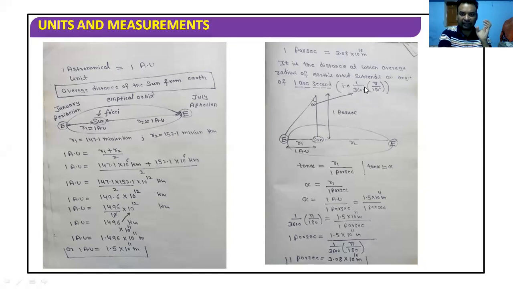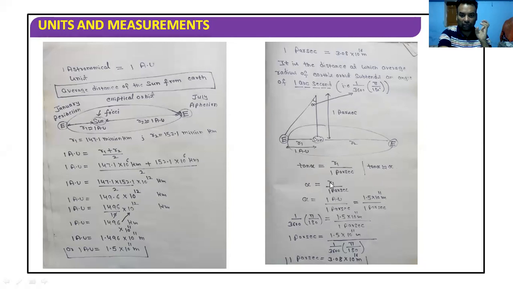So it is very small, and we can replace tan alpha by alpha, because tan alpha may be for a big angle, and our actual angle is very small.